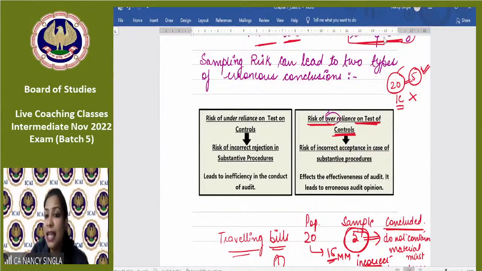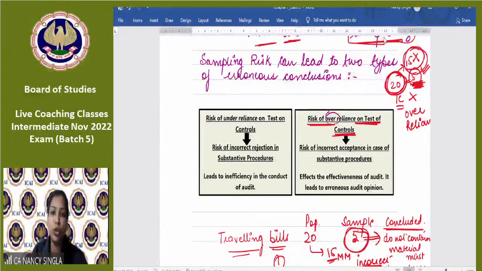But the fact is that in the remaining 15 internal controls, there was a lot of deviation. है ना? But auditor ने तो 5 के basis पे generalize कर लिया ना with respect to 20. So now this is the case of over-reliance on internal control. Rely नहीं करना चाहिए na internal control पे, because the 15 are not good.